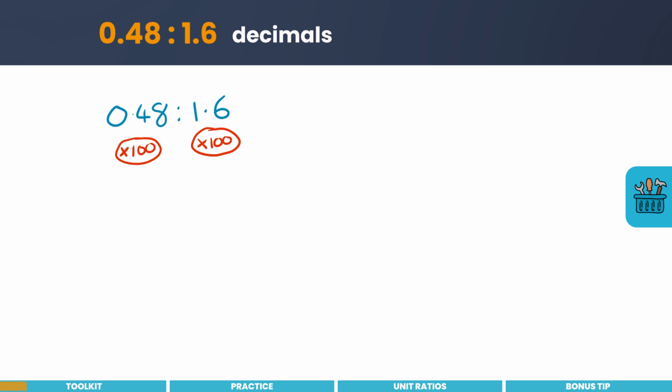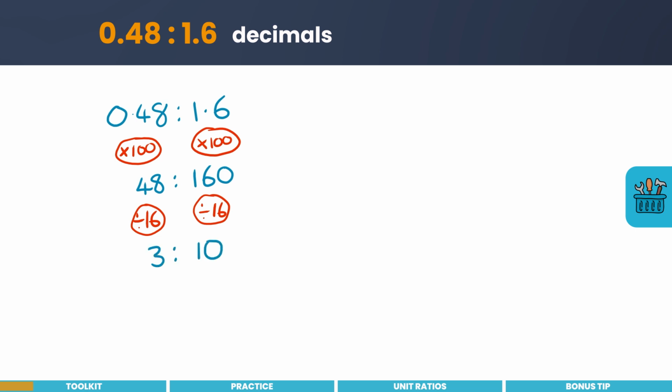This now gives us a ratio of 48 to 160, which is a whole number ratio. And we know what to do with whole number ratios. Look for the common factors. 48 and 160 both divide by 16. So our simplified ratio is 3 to 10.